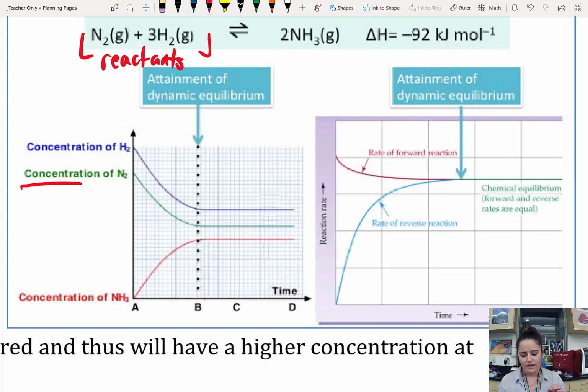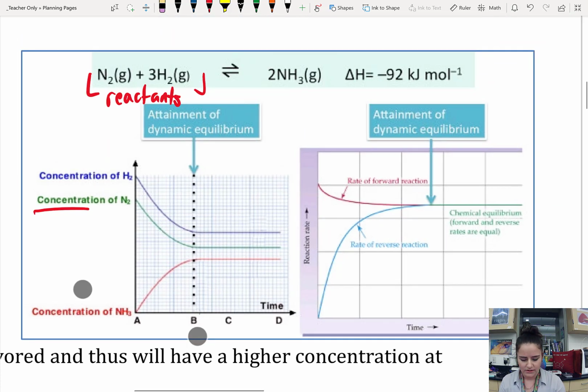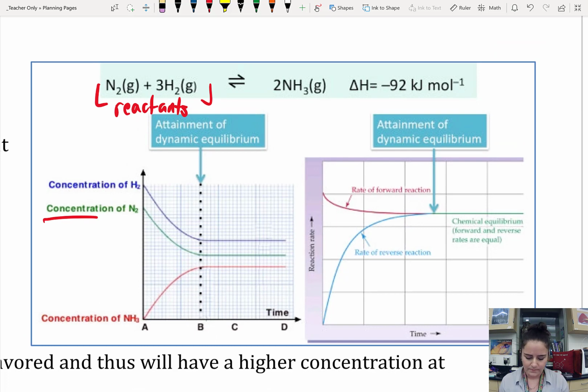Now, I want to also use this to explain something else. Say we start with just reactants. We have low concentration of that. We're starting with just reactants. Initially, that reaction is going to go pretty fast. But as the ammonia, as that product is being produced, its concentration is going to increase.